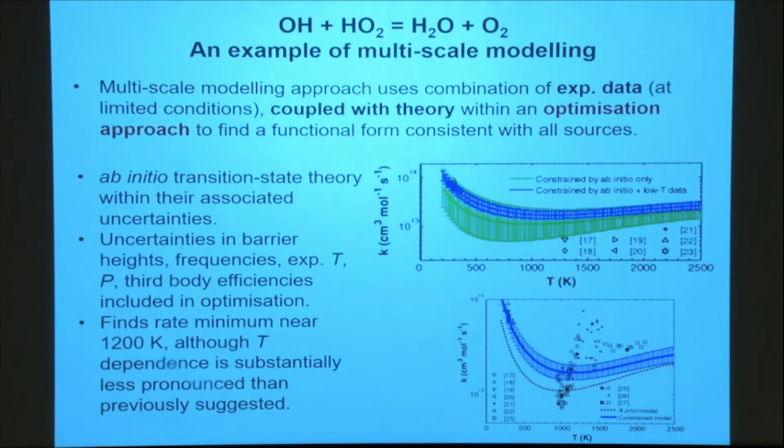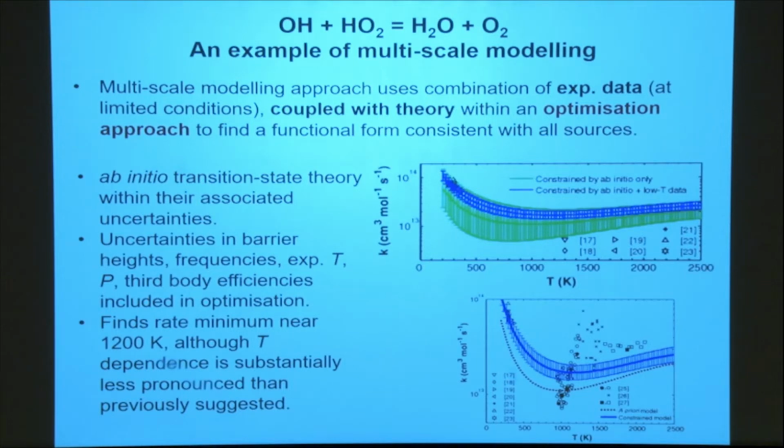So initially, the theory, without any constraints from experiments, so using only ab initio methods, so for example, by calculating the potential energy surface and then running a master equation model, I'll come to that later, but basically to simulate the rate constant, we see quite large uncertainties, which are the green shaded region here.